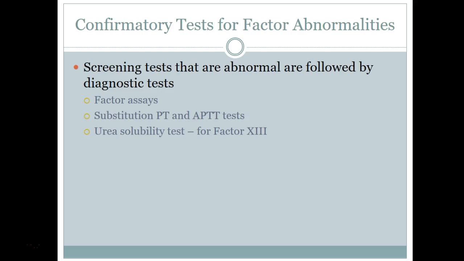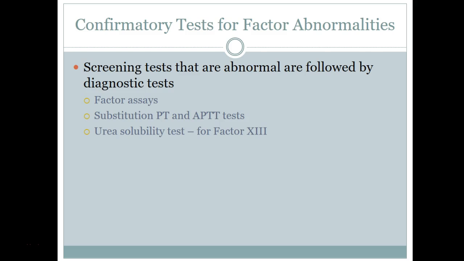Okay, so once we see an abnormal screening test, we again will do confirmatory testing where we're going to figure out what's exactly the problem. A lot of times you can just do factor assays where you're actually measuring the factor levels present in that person. If you see a lower level, that will tell you they're deficient in that factor. You can also do what we call substitution studies, or commonly called mixing studies.